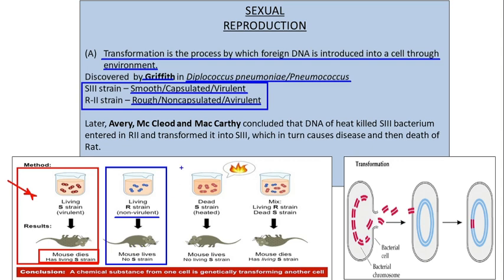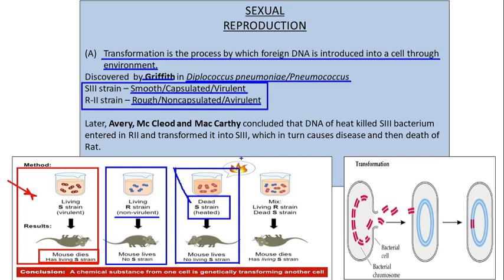Now he observed another experiment, that when the S strain is heated and then added to the mice, there is no effect on the mice. That means heat kills the S strain or makes its virulence no longer active. So the mouse is still alive.